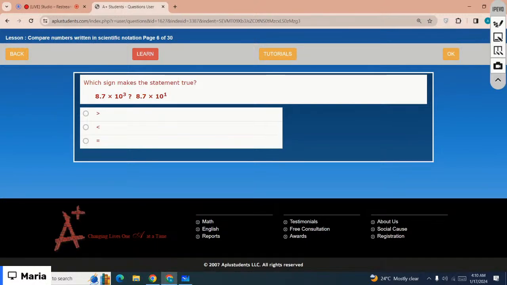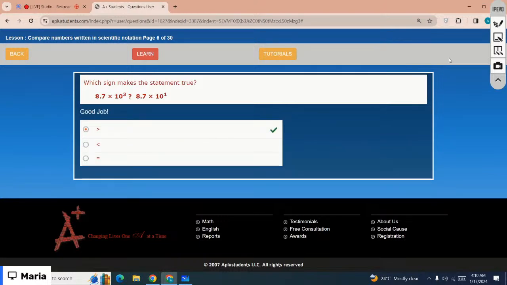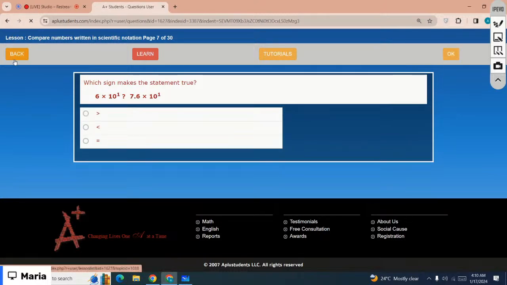Yes, that is 8.7 times 10 exponent 3 is greater than 8.7 times 10 exponent 1. Option 1 is the correct option. Got it? You can complete the lesson by yourself later today. Let's move on to the next lesson.